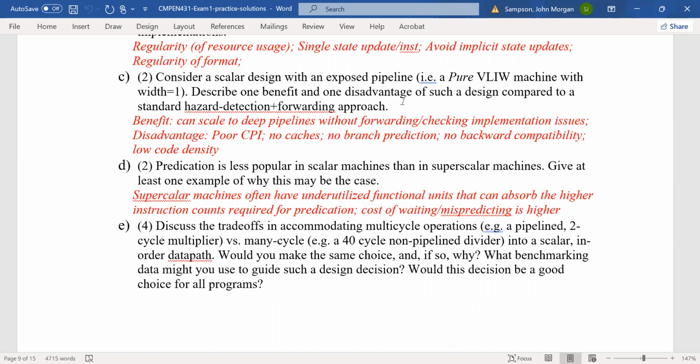No. Probably going to have poor CPI. So even if you can crank the frequency up, it's not clear how much you got. It doesn't support caches. Remember, pure VLIW, the compiler had to predict everything, including whether or not your load is a hit or not. So it doesn't have caches, it has scratch pads and explicit memory transfers. No branch prediction, no backwards compatibility, low code density.